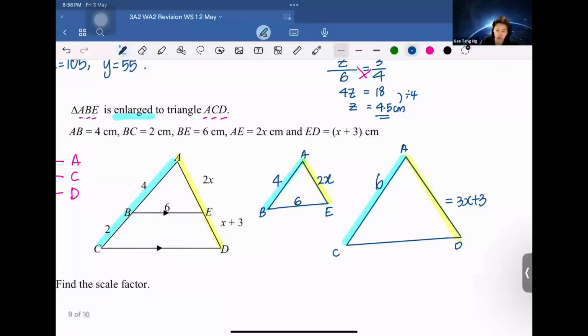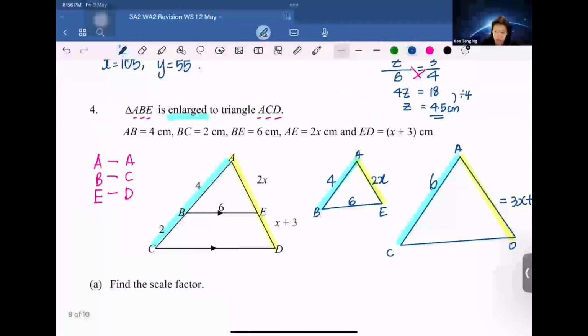And I know that I have corresponding angles over here. A is common. Angle B matches with angle C. And angle E matches with angle D. All right, so I have the corresponding angles.